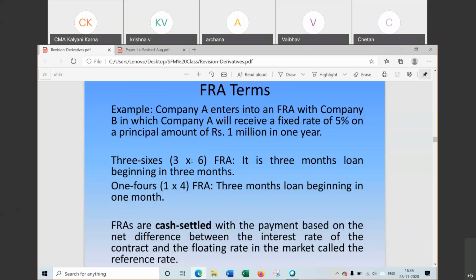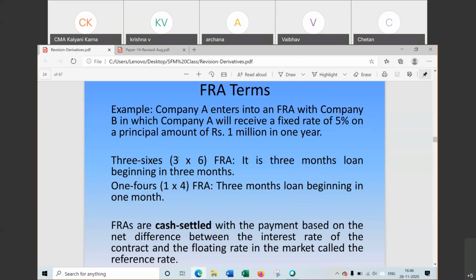FRA terms are like 3 multiply 6 or 1 multiply 4. What is the meaning of 3 multiply 6? The difference, 6 minus 3, will be the duration. Here 4 minus 1 is 3 months. That will be the duration of FRA.